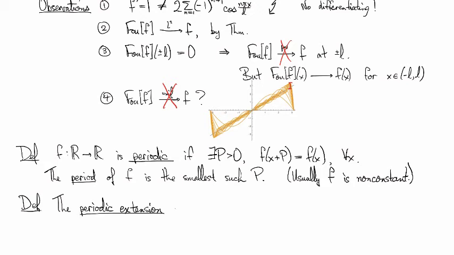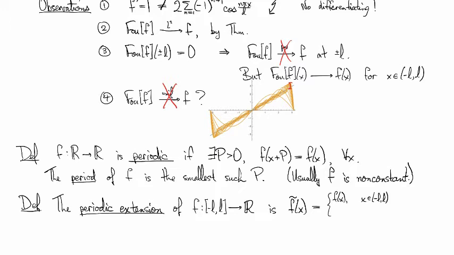So the periodic extension of f on minus L to L, so we extend it from f to R by requiring it to be periodic. So I'll give it a little wave there to make it look periodic. And the way this is defined is that for values of x that are in the original interval, the extension is just equal to itself.